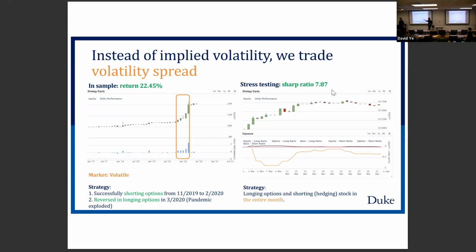It turns out that gives us the best profit, which is the bar here, the largest. When we dive deep into March 2020, we can see that in the entire month, our strategy maintained the long option position. That is why we believe it has an impressive Sharpe ratio.